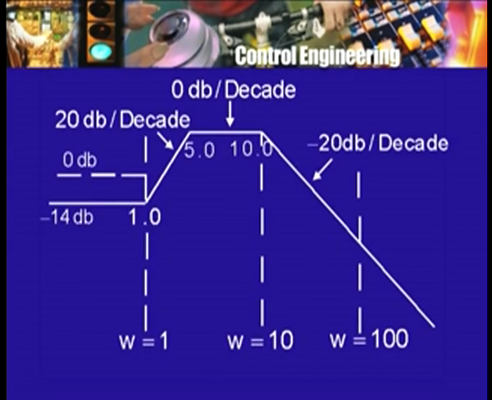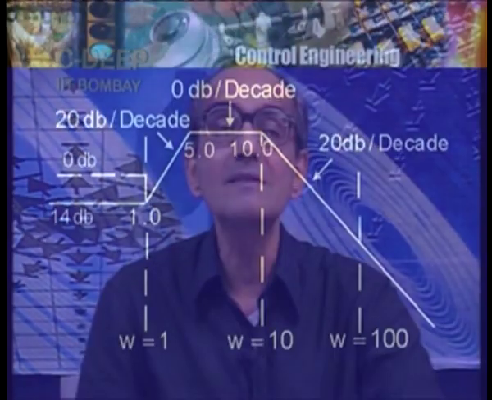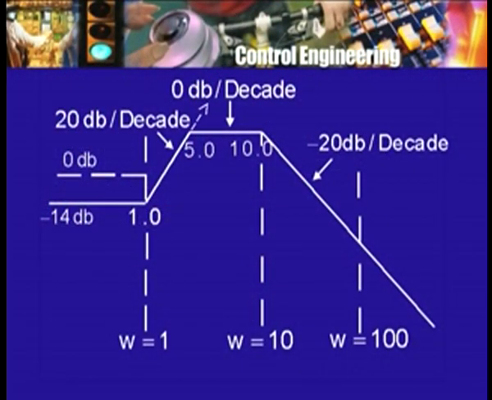So, let us say here is the point corresponding to 5 radians per second. Up to this frequency there was this increase at the rate of 20 dB per decade. Beyond that frequency, of course, the effect of the 0 will cause the increase at 20 dB per decade, but we have the pole also whose effect is now to be seen, and that effect is at the rate of minus 20 dB per decade.